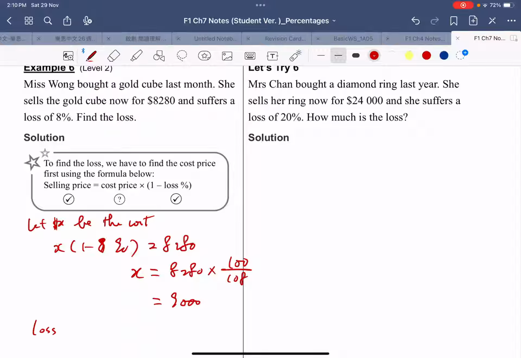And so the loss is the cost minus the selling price, which will give you the loss to be $720. You're going to find the loss. You're not going to find the cost. This is just the cost, and the loss is that amount of money. So again, you find the loss here.